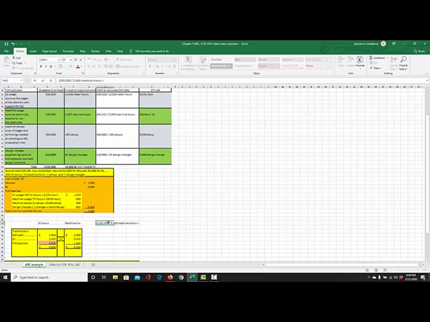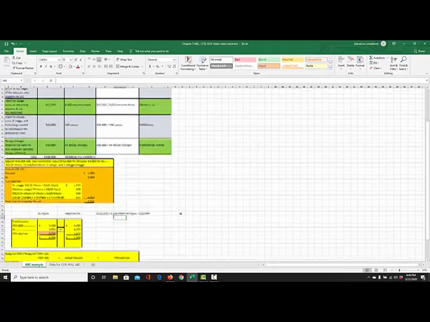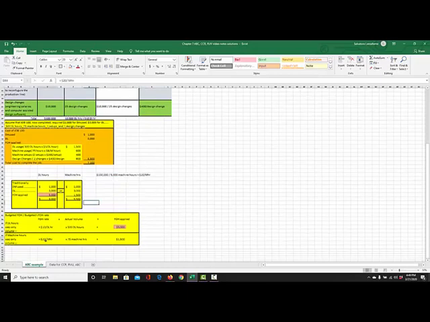And that would give me my $20 per machine hour. Okay, so that's where this 20 came from. So then I would take the 20 and multiply it by the 75 machine hours that were given in the problem, and that's how I got 1,500.